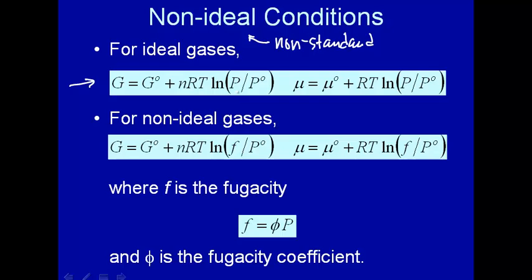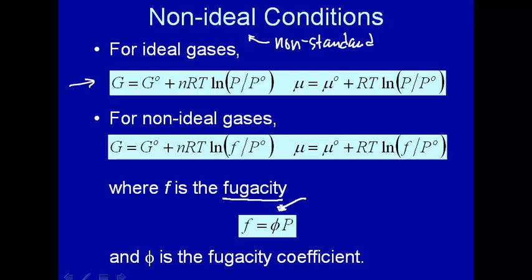What you do is replace the pressure with something known as fugacity. That's a weird name, fugacity. And fugacity is defined as the pressure times the fugacity coefficient, which you can sort of think of as a fudge factor. This is the symbol phi.